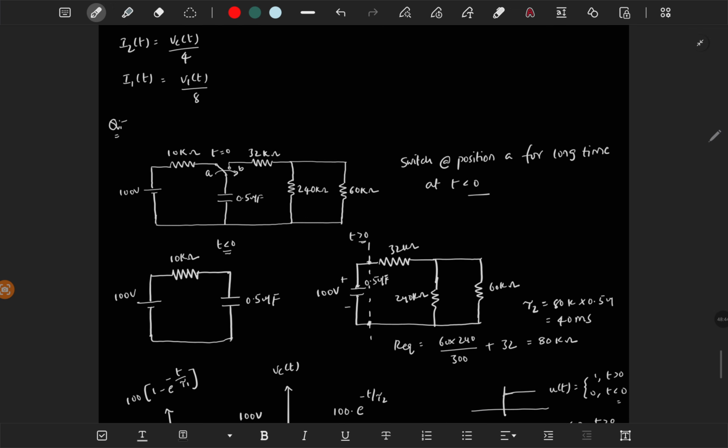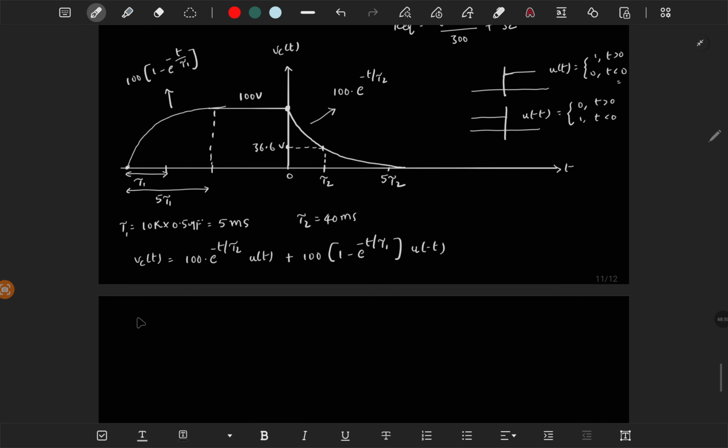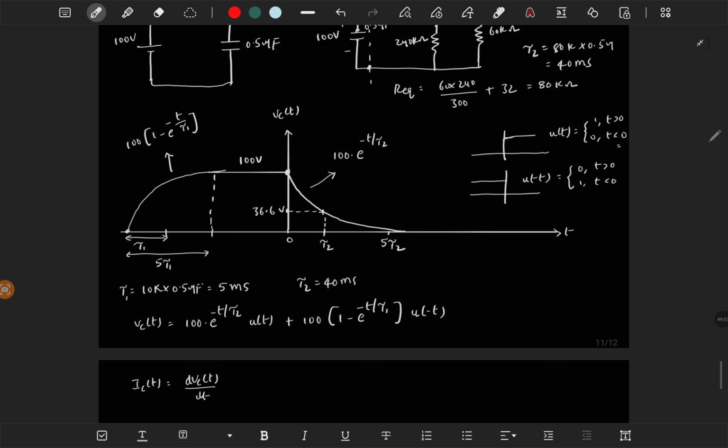Similarly, you can write the current flowing through the capacitor. So Ic of t is simply C times dVc by dt. That you can directly write from this expression.